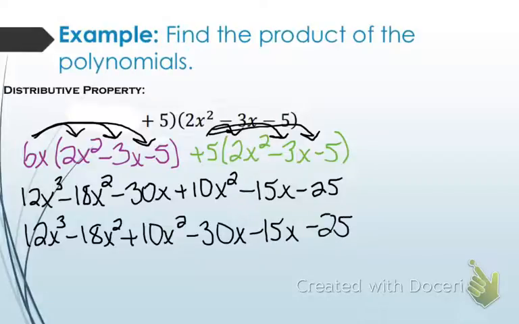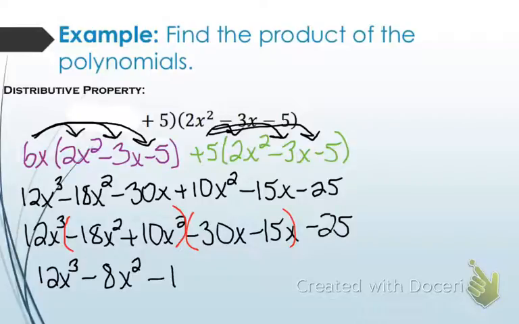So I'm going to go ahead and assume that this is already the associative property, which means combine them. So this is 12x to the power of 3. Negative 18 plus 10 is negative 8x squared. We have another group here, negative 30x minus 15x.